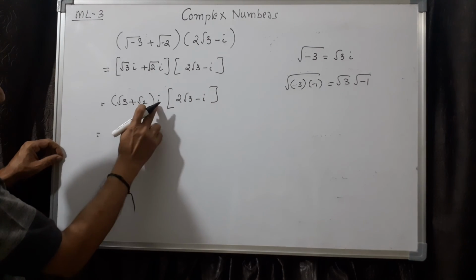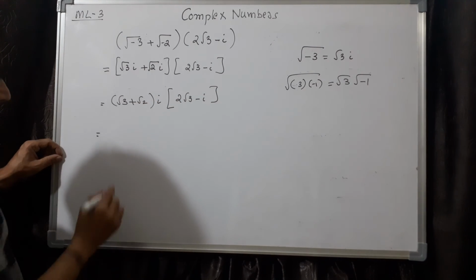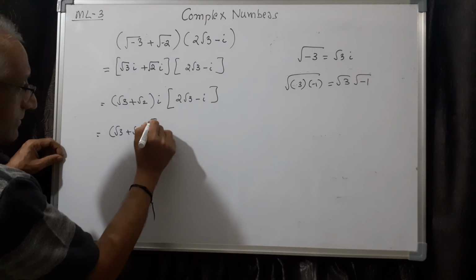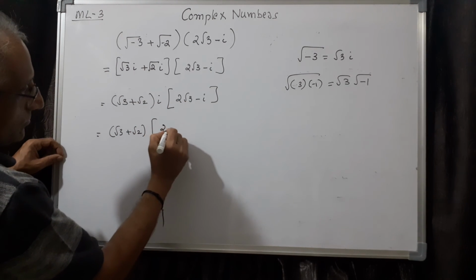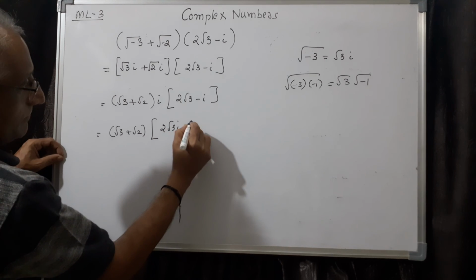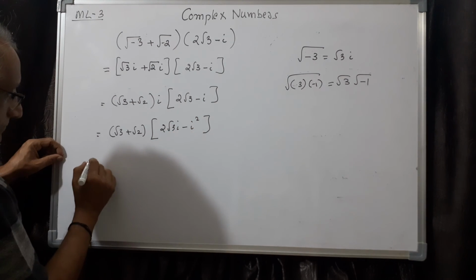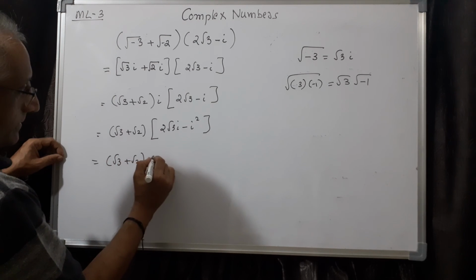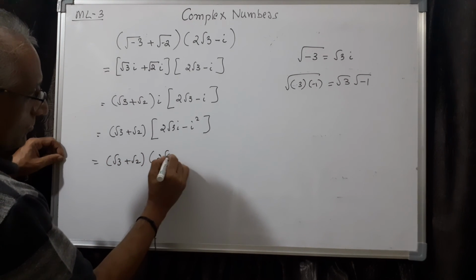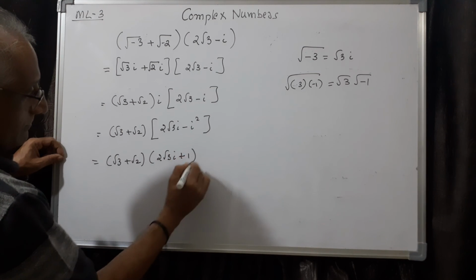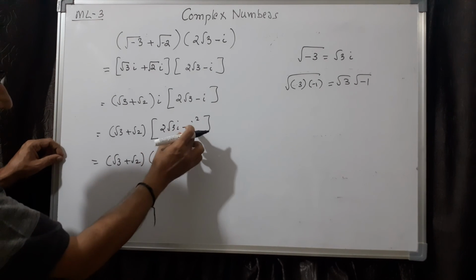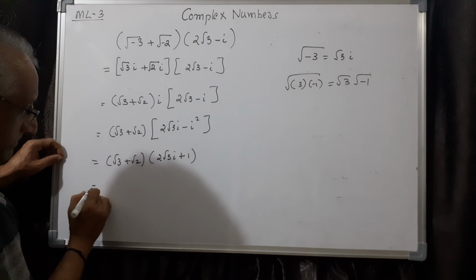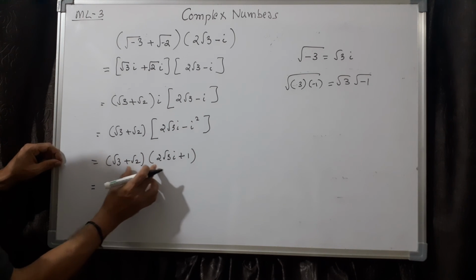Now what you do is take this i here, so that you can easily simplify. Root 3 plus root 2, then you take i here: 2 root 3 i minus i square. This is root 3 plus root 2, then 2 root 3 i plus 1, because i square is minus 1, and minus of minus 1 is plus.